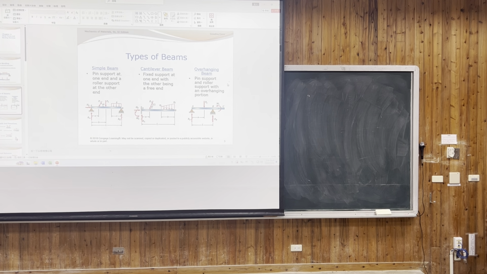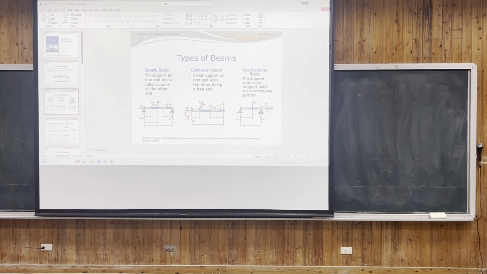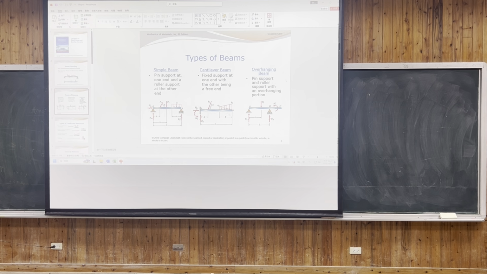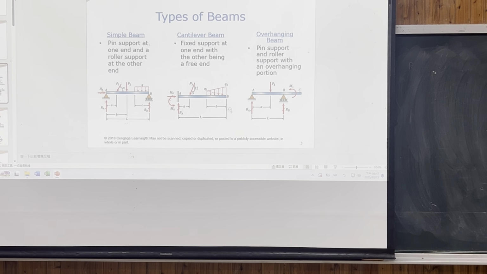In these three types of beams, you will have to at least know how to draw the reaction force. For instance, in the cantilever beam type, besides the horizontal reaction force and the vertical reaction force, there's a moment.